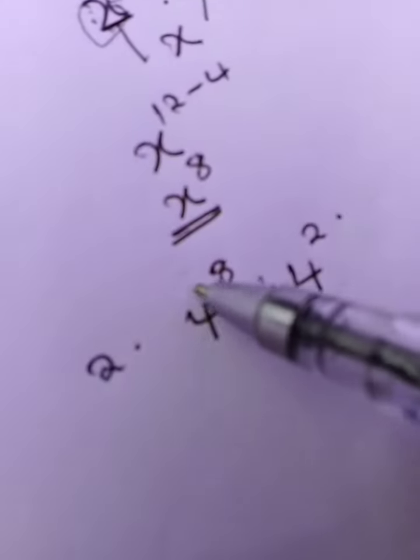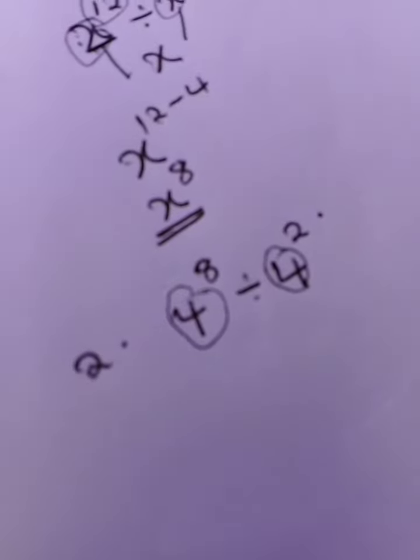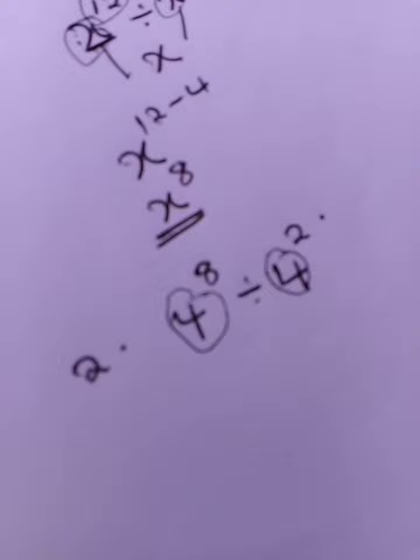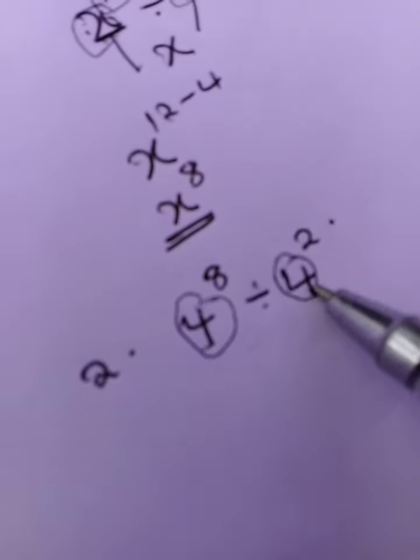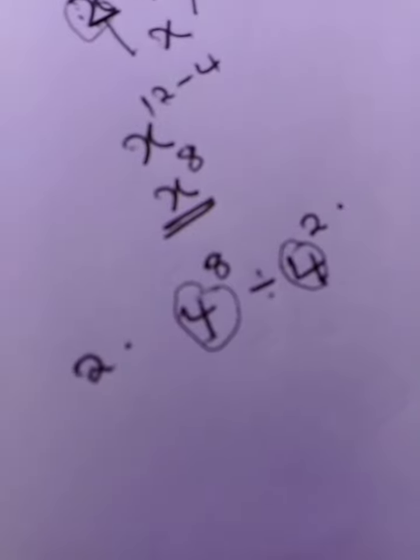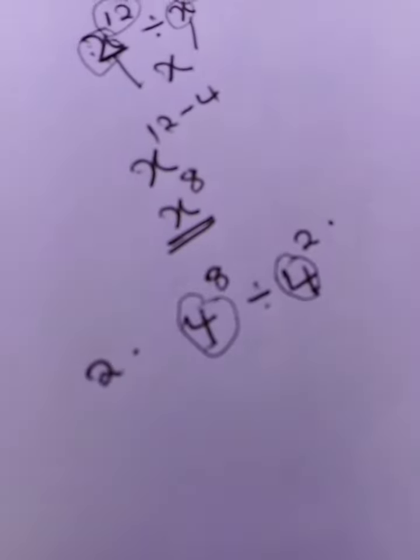As you see, our bases are similar. This is the main concept. When your bases are similar, you have to apply this rule. Sometimes the bases may not be similar, but when they are similar, you have to apply rules like this.